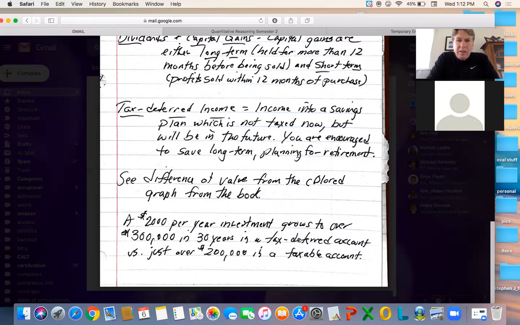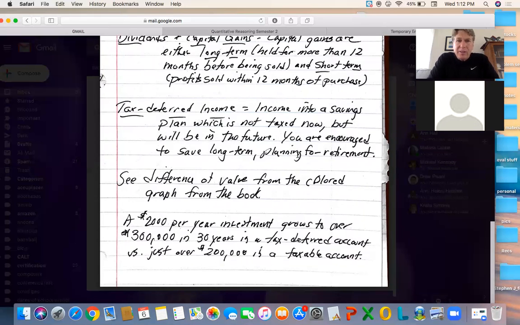If you look at the colored graph that was in the posting I had, you can see that if you made a $2,000 per year investment, or about $160 a month, towards tax-deferred income instead of just putting it in some type of basic savings account, in 30 years that $2,000 per year would grow to $300,000, as opposed to if you put it in a regular savings type account, it might grow to about $200,000.